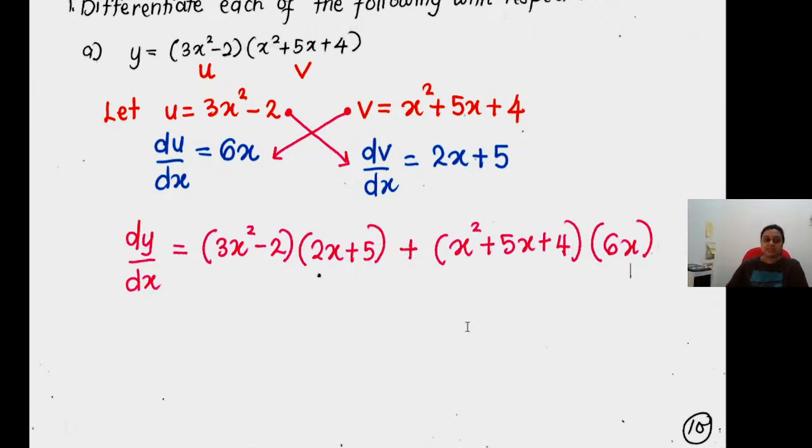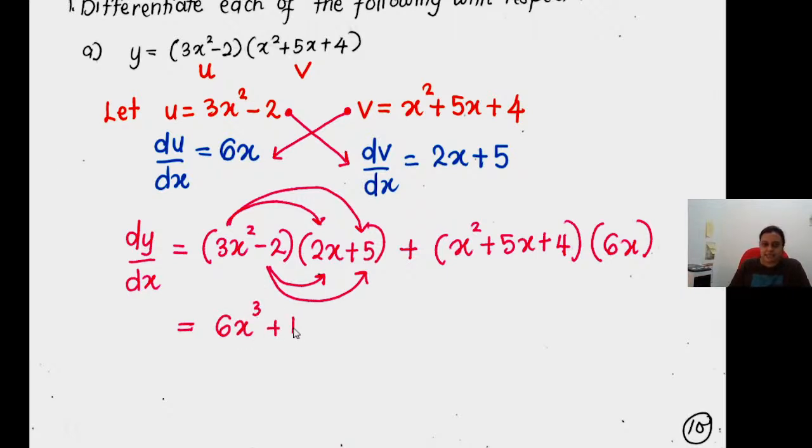Now what we need to do, since the brackets are all power 1, that means I can expand. We expand one by one carefully, and don't make any careless mistakes here. The first one will be 6x cubed plus 15x squared minus 4x minus 10.